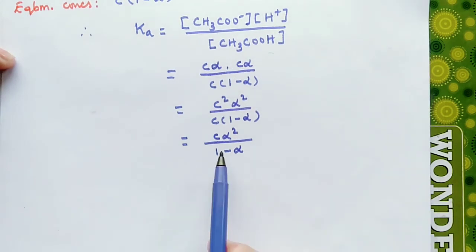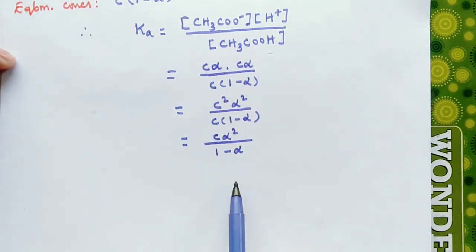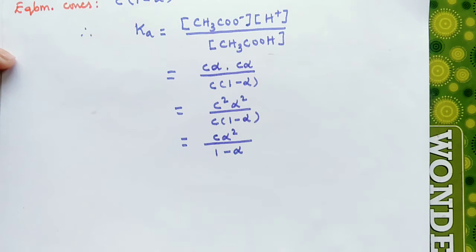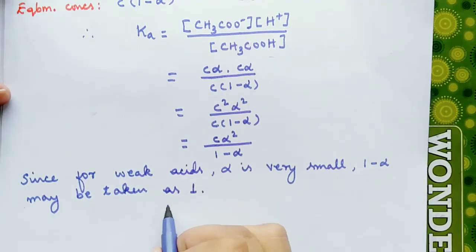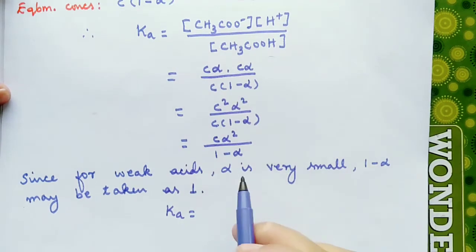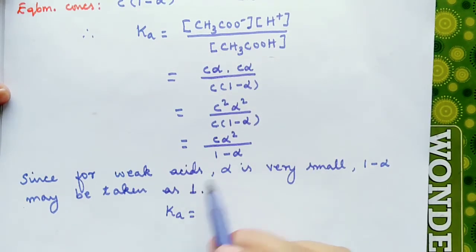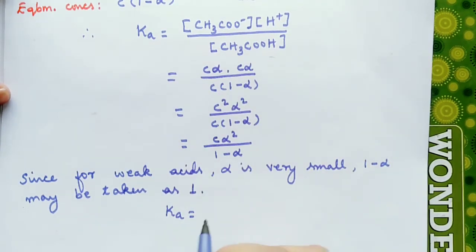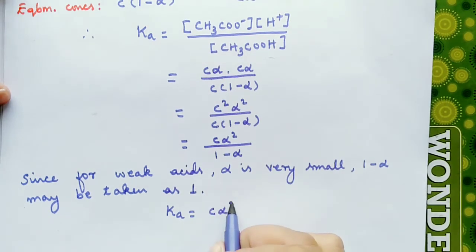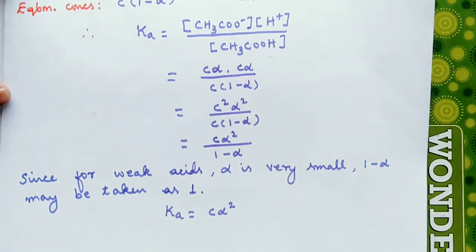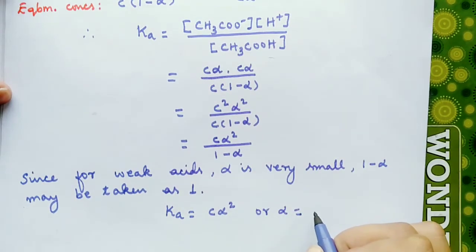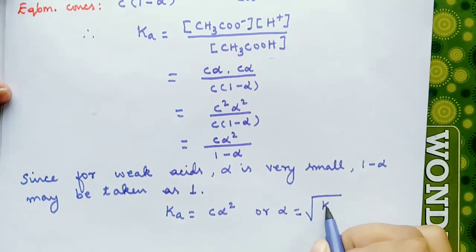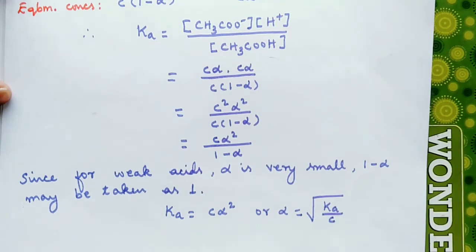So for a weak acid, 1 - alpha can be taken as 1 because alpha is small. So the expression for Ka becomes C alpha squared, or alpha is equal to the square root of Ka by C.